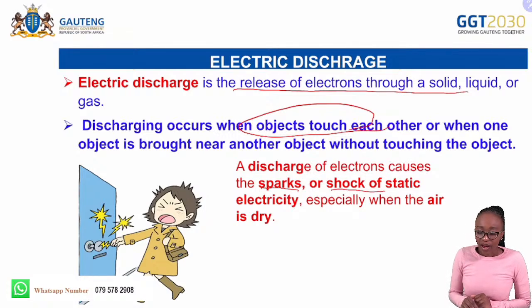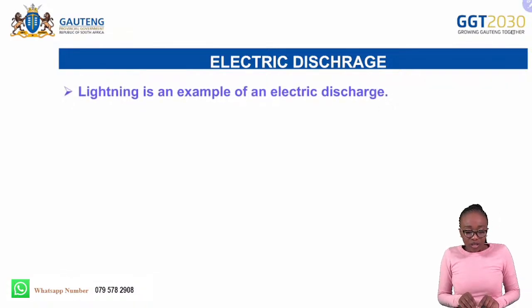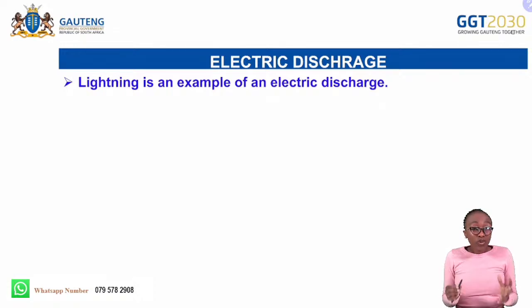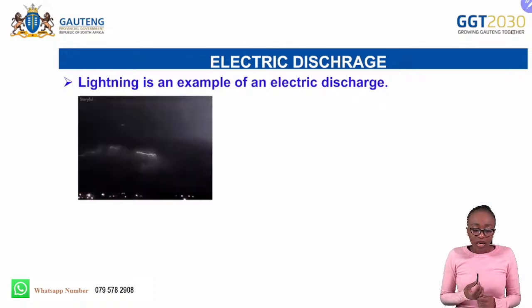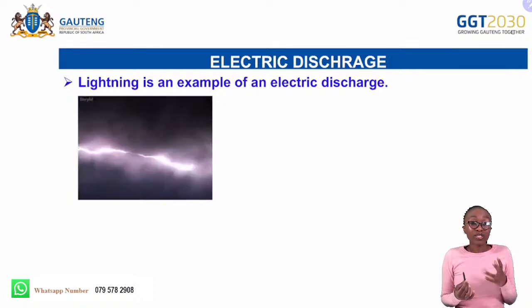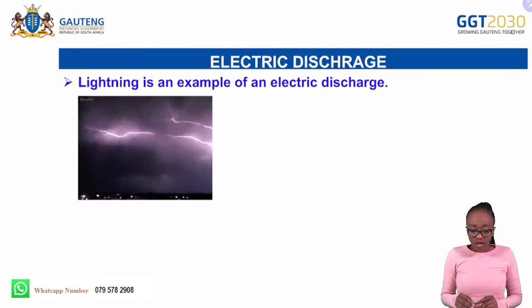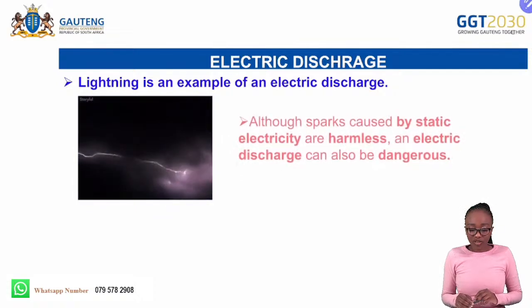Okay, now let's move on. Lightning is a pretty good example of electric discharge. I'm sure we've all witnessed or seen lightning. There is a video of lightning, especially in the summer months when it rains a lot. So it is an example of electric discharge.